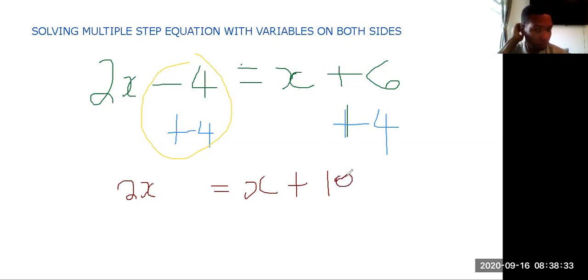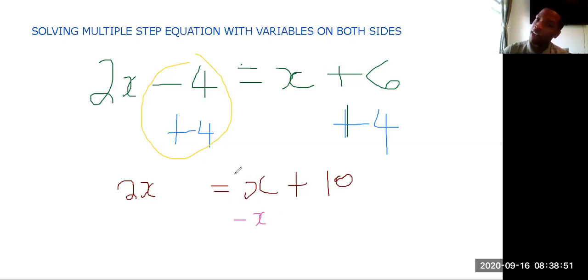Look at that. Now my next step is to get this x on this side, on the equal side. So in order to do that, I need to do a minus x.